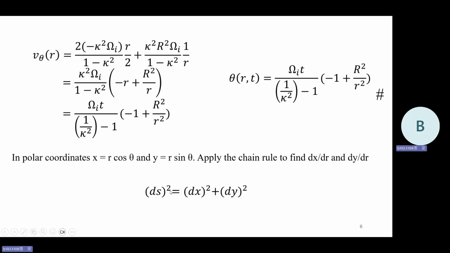In this part, our goal is to obtain the curve length. Because we used cylindrical coordinates in the previous process, we should convert to Cartesian coordinates now, with x equals r cosine theta and y equals r sine theta. Through applying the chain rule and cosine squared theta plus sine squared theta equals 1, the equation of ds becomes this.